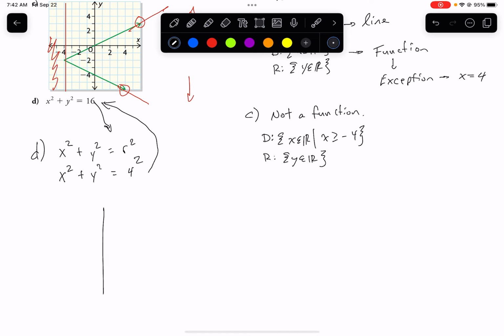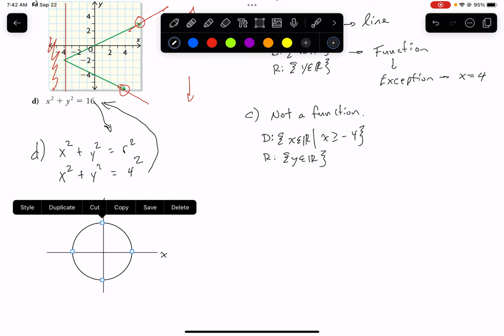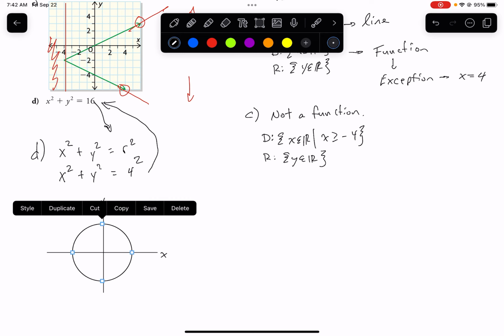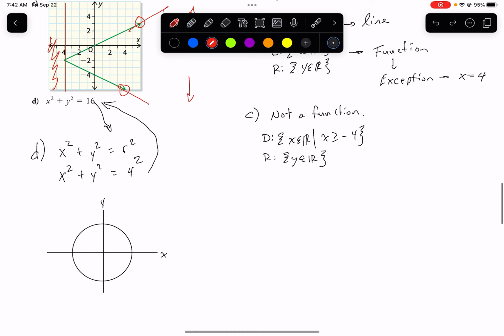So what does that mean? If I drew myself a little graph, that would mean I would have a circle centered about the origin, whose radius is 4. So everywhere along here, that's going to be positive 4, negative 4, and positive 4, and negative 4.